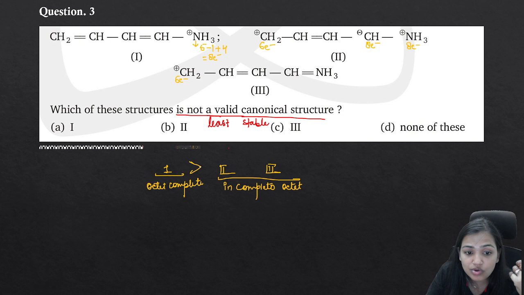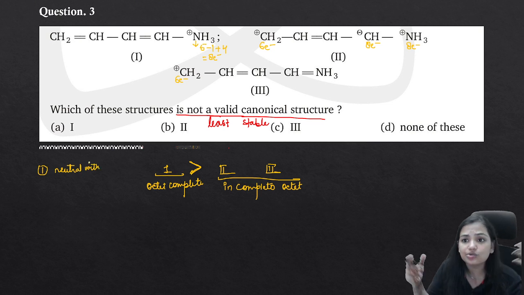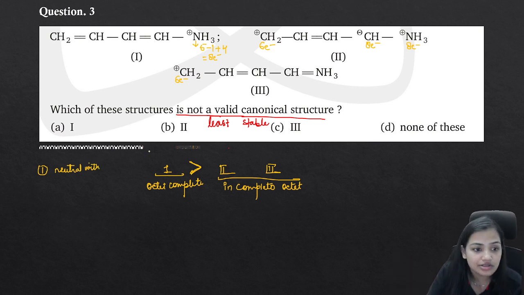So the first is more stable from the very first point, that is neutral with complete octet. But no one is neutral, so that's how we will say neutral with a complete octet.